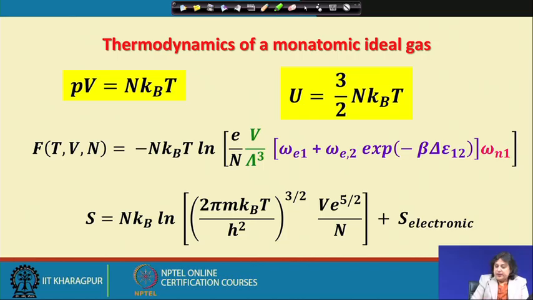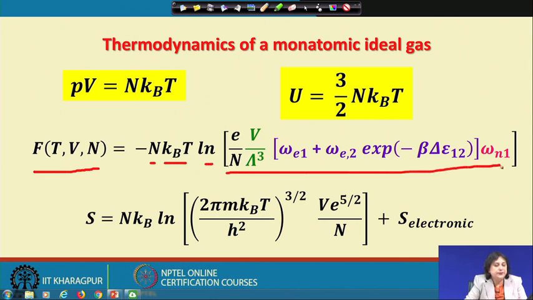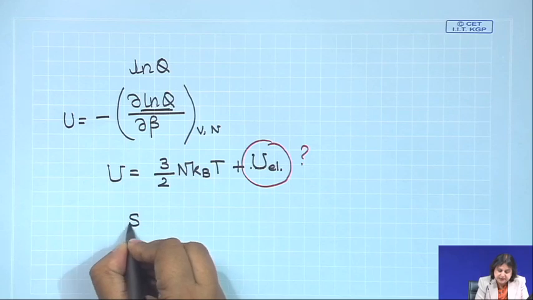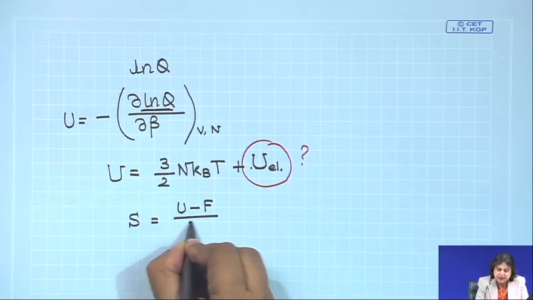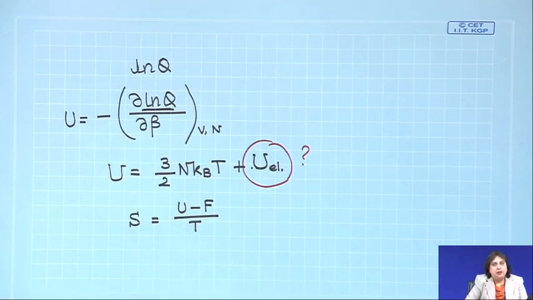Similarly, you can very easily write down straight away what the Helmholtz free energy is, that is nothing but minus nkT into ln of this capital Q. So once I know U and F, I can very easily find out the entropy of the system as U minus F divided by T. Clear?